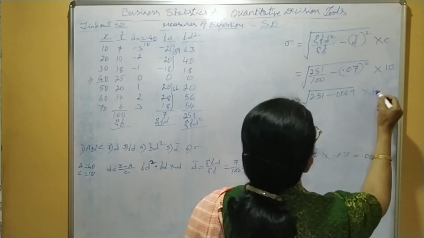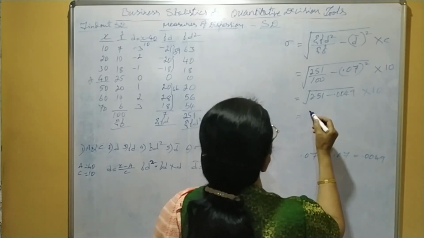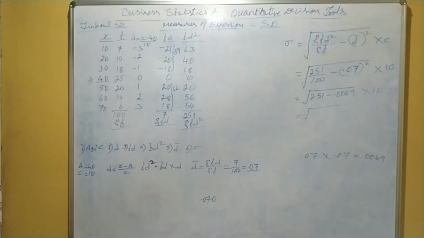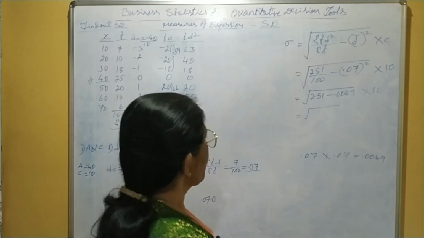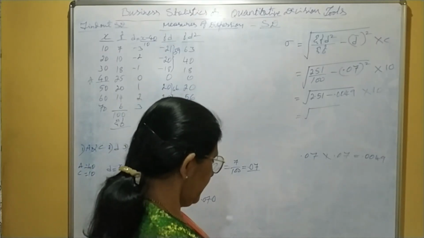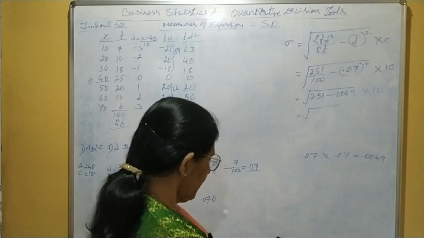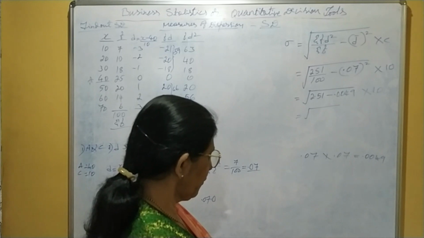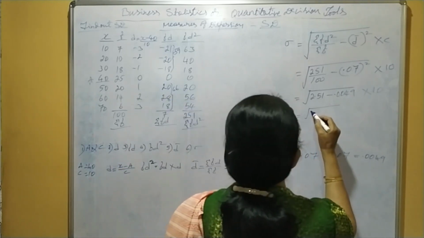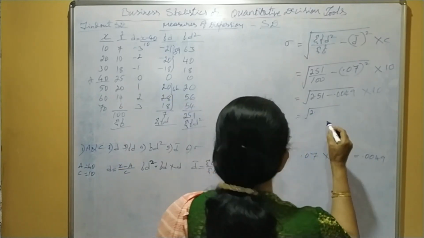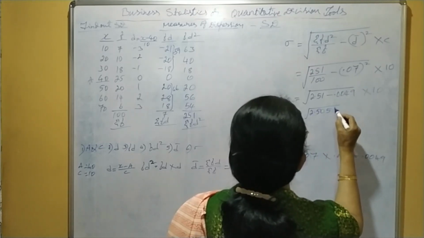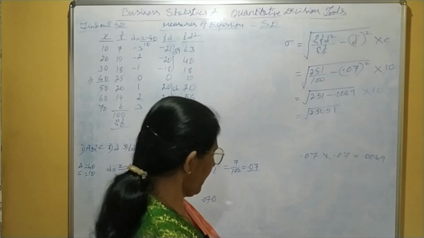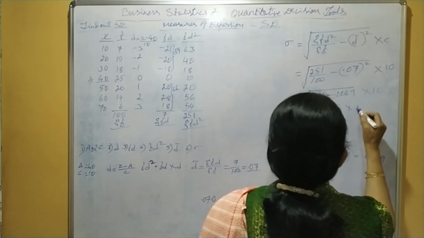0.0049 into 10 equals square root of 2.51 minus 0.0049. It is square root of 2.5051, into 10.